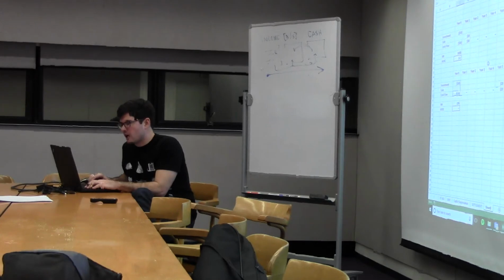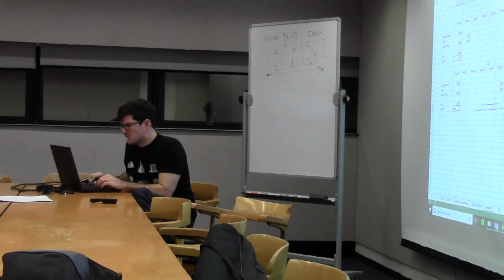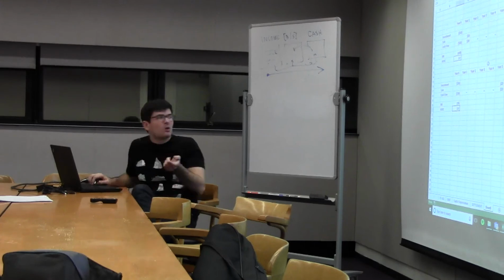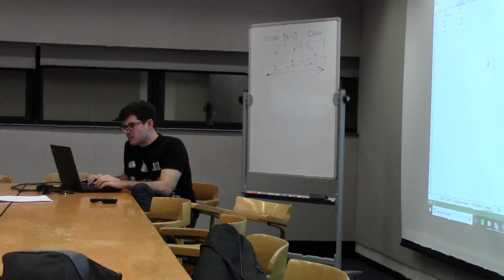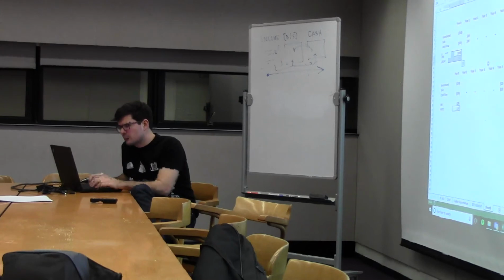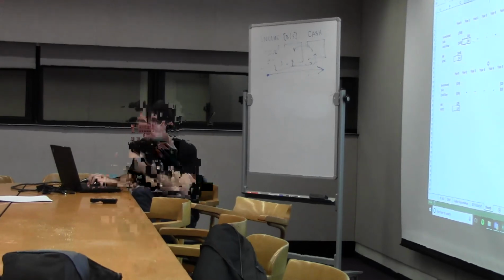IRR goes down a lot, right? But the multiple is still the same. So the multiple is not a time-based metric. Multiple does not take into account timing, but IRR depends on the timing of when you receive those cash flows.